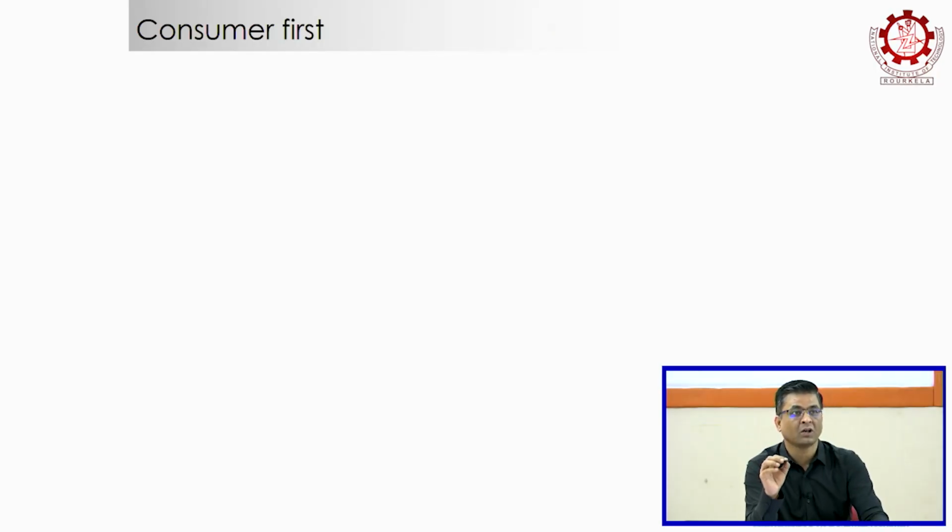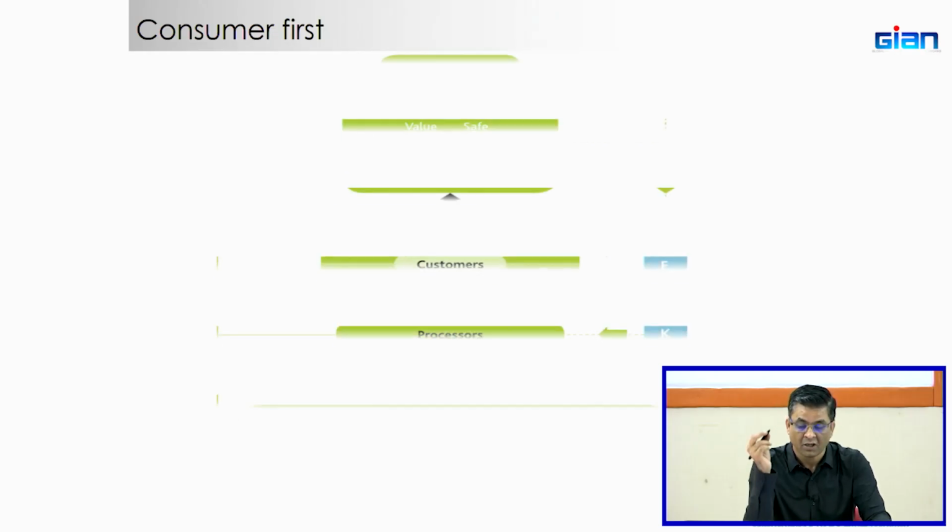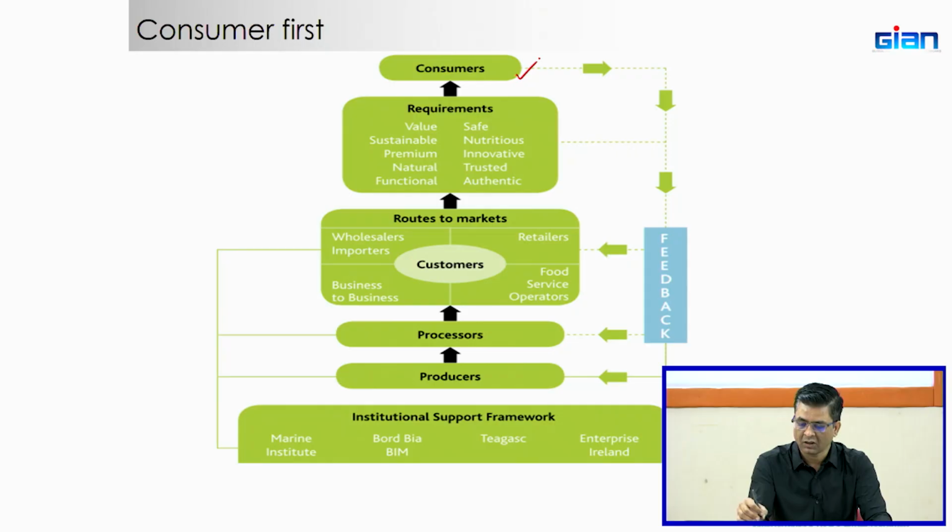I know you are all employed on some sort of project or some work is being carried out. Now, first and foremost, the most important element there is consumer first. Consumer, or your stakeholder or end user. Consumer here is not the person who is consuming it. So consumer, customer, take it in the same way.